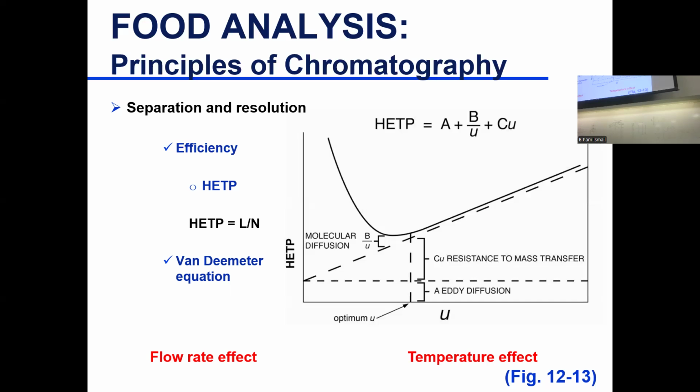On the y-axis is the height equivalent of theoretical plate. So you want to reach here, this. And at this point, you will have a unique flow rate, temperature, characteristics of the column that allows you to have maximum efficiency.